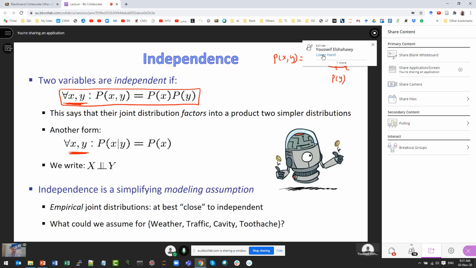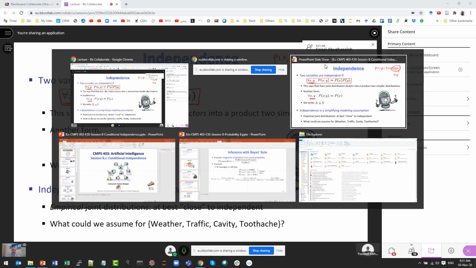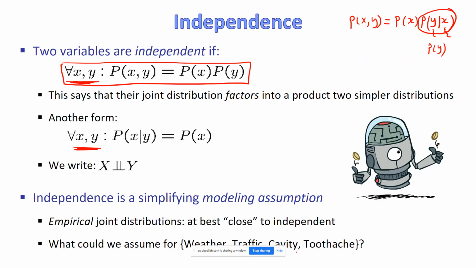Yusuf, again? Yes? What do you mean by not the other way around? Yeah, traffic doesn't affect the weather, right? But for sure there is a relation between weather and traffic, right? Yes, okay.